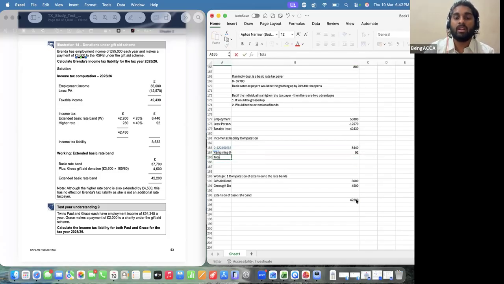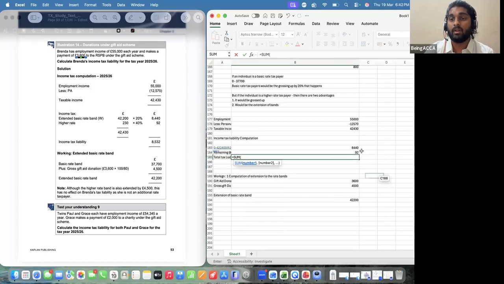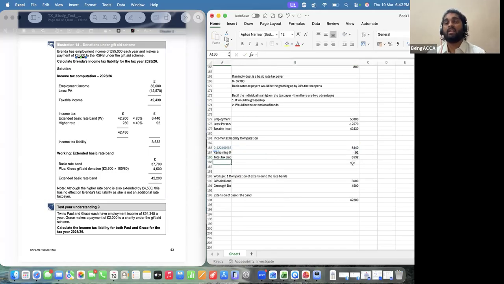So total tax liability would now be the sum of these both, 8,532. Always remember, the easiest way to gross up is to take your net donations into 100 by 80, which will give you your gross donations. All right. And that is how you should solve any questions that include donations under the Gift Aid scheme.